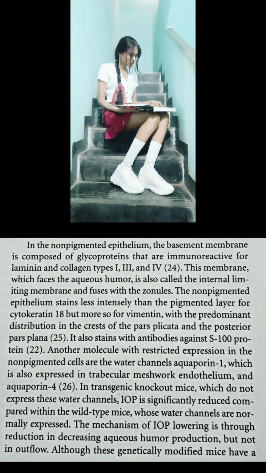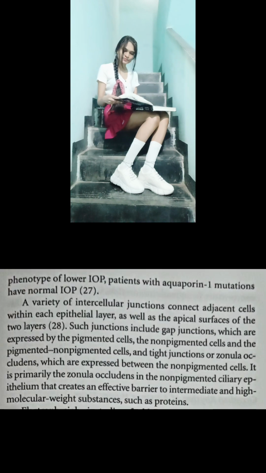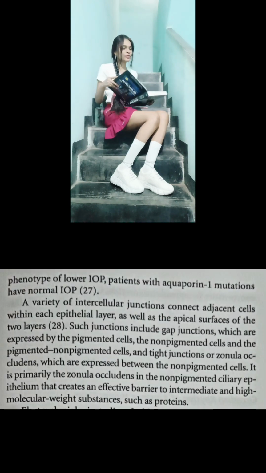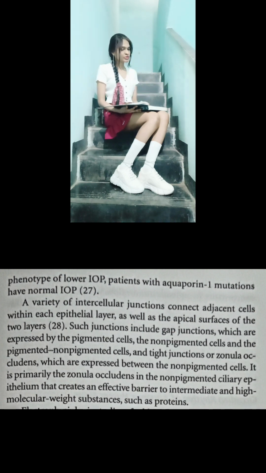The mechanism of IOP lowering is due to decreased aqueous humor production, but not outflow. Although these genetically modified mice have a phenotype of lower IOP, patients with aquaporin 1 mutations have normal IOP.